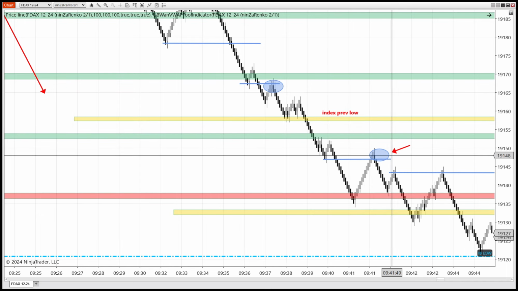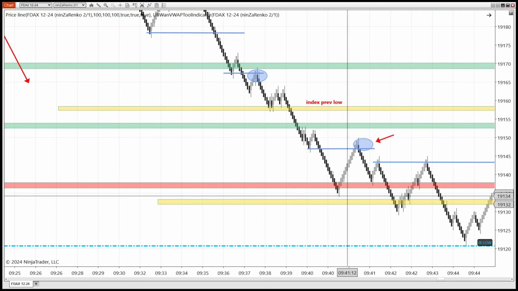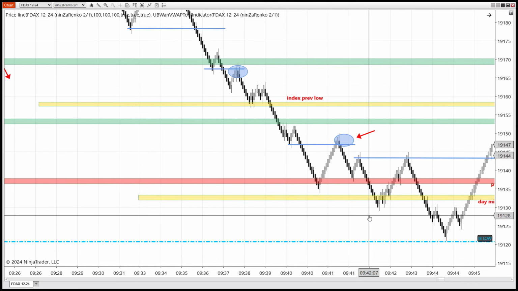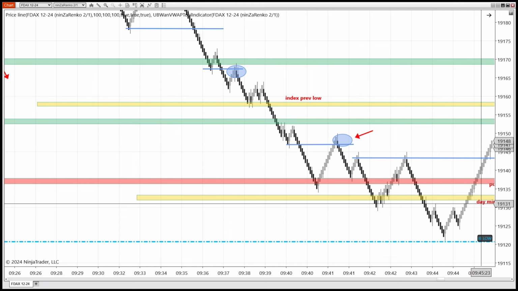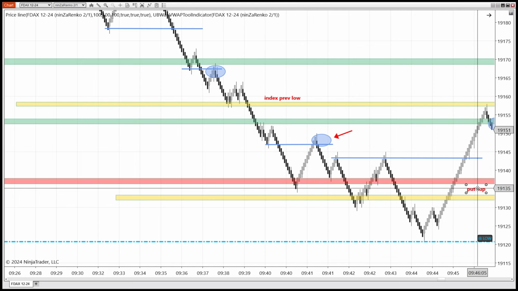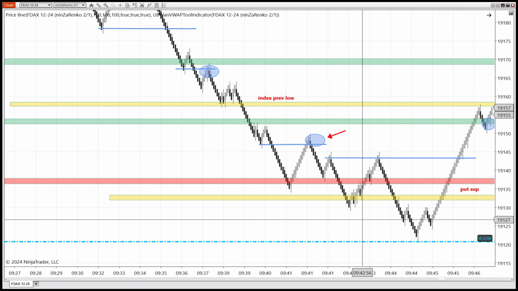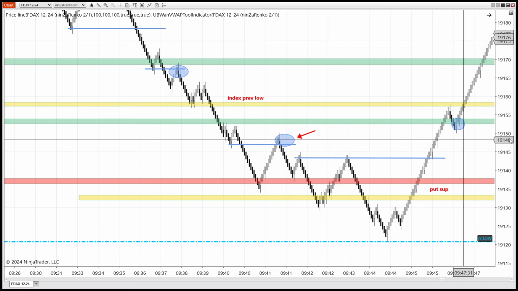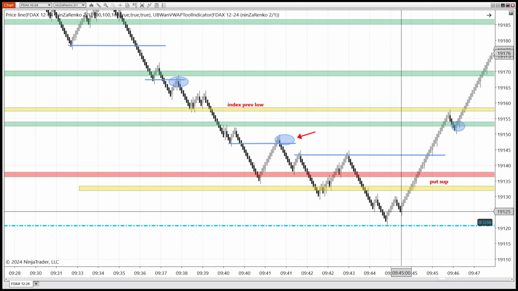Here, structure retest, but I didn't take it because I'm expecting, here at this daily level, a strong support level, combo level here, price to change structure, and it did. See, this is why I like Renko.